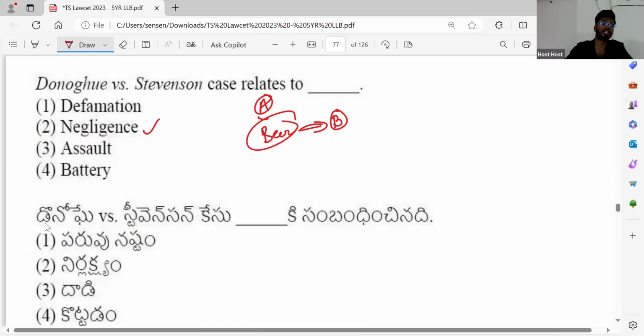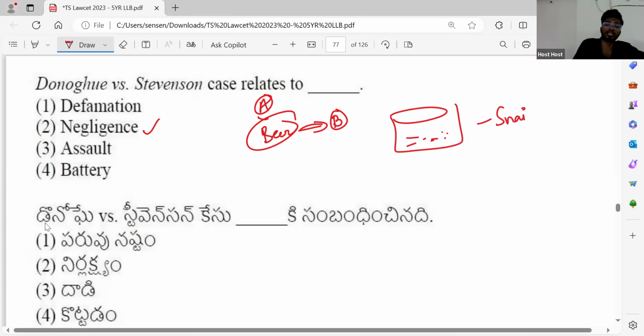Later she poured it into a glass, and when she poured it, she found that there is a snail in it. You know what is a snail? A snail is there inside.